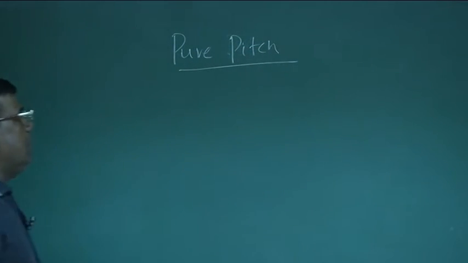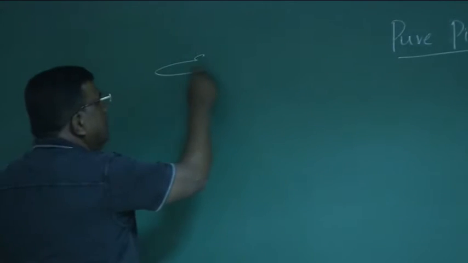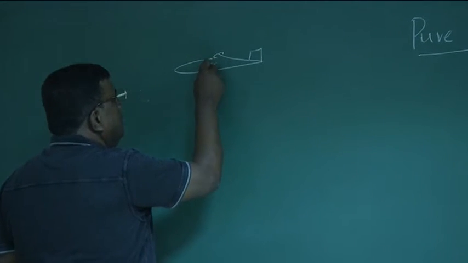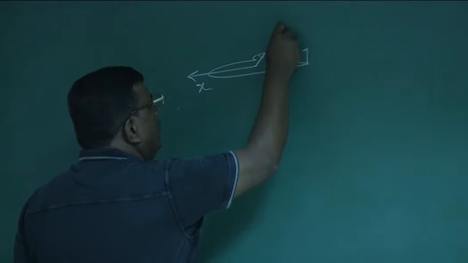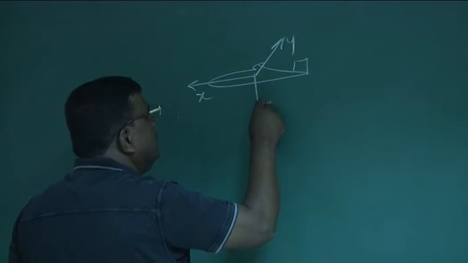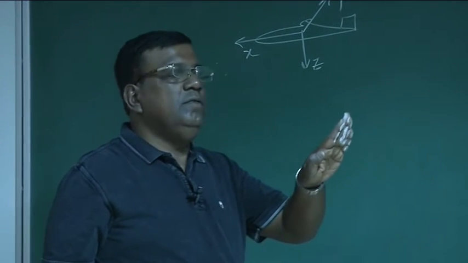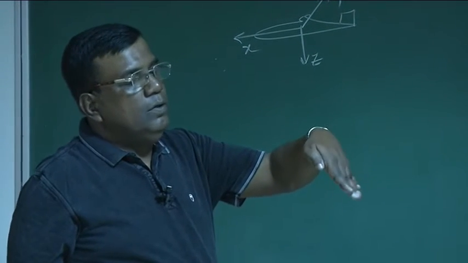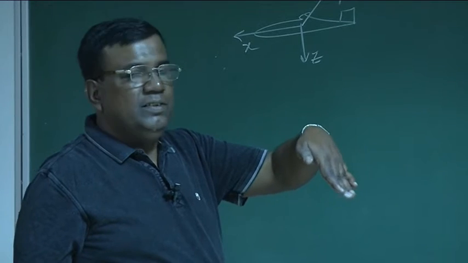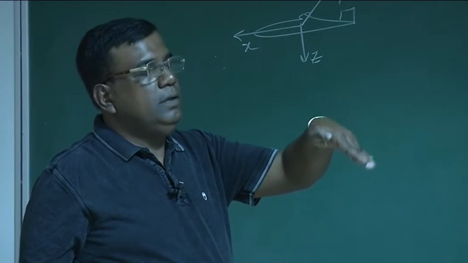This is the x, this is the y, this is the z. Pure pitch is about the y-axis, and it's positive pitch if the nose is going up, negative pitch going down like this. So it has a pitch rate q, positive or negative.